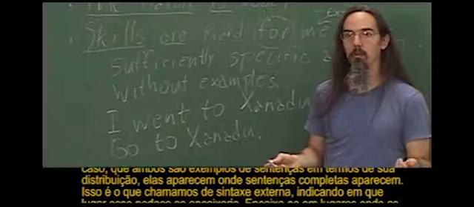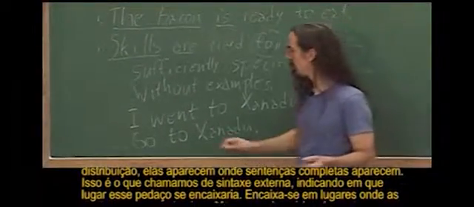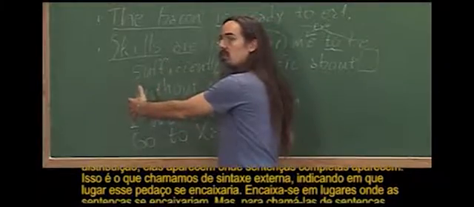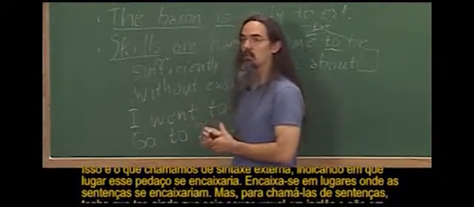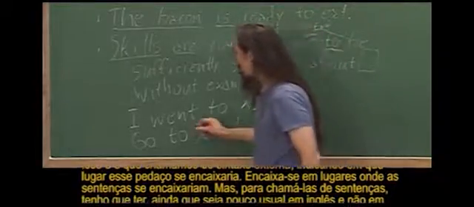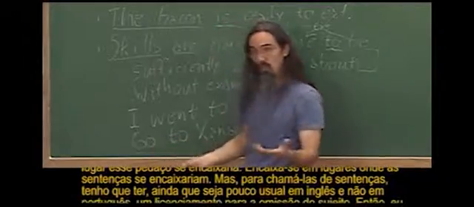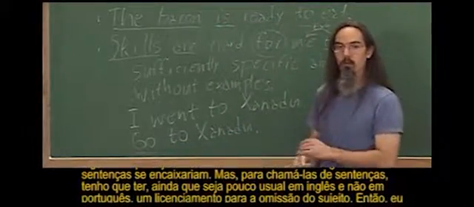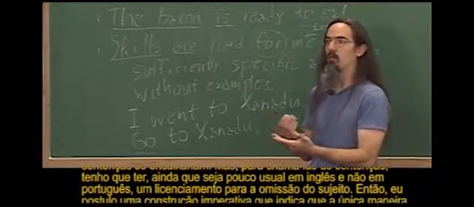So that's what we would call the external syntax. Meaning, what place does this whole chunk fit into? It fits into the place a sentence would fit. But in order to call both of these a sentence, I have to have, which is unusual for English, although not for Portuguese, a licensing of the omission of the subject.